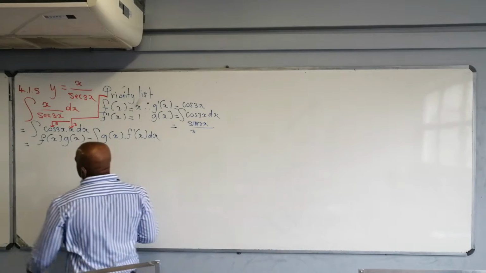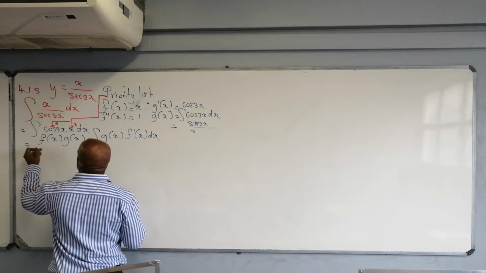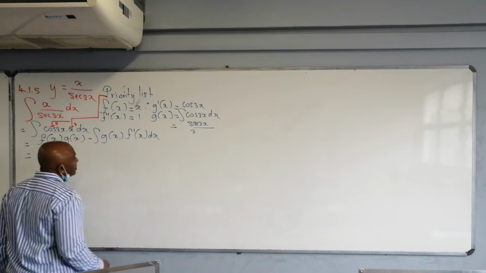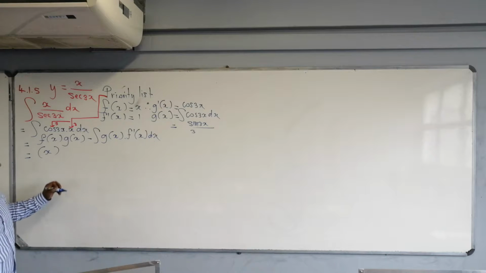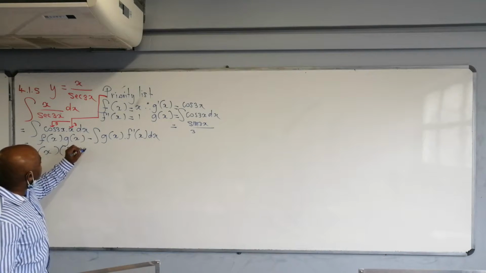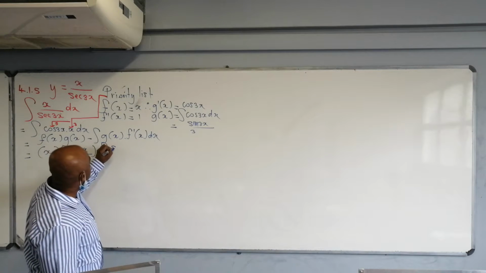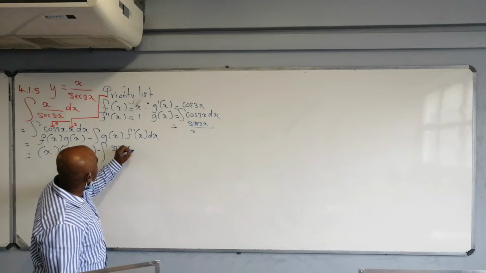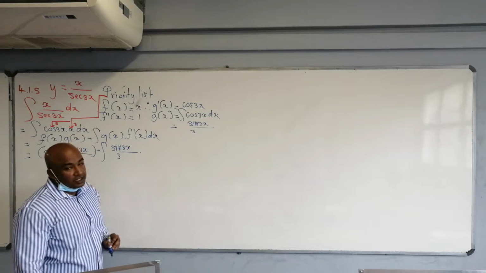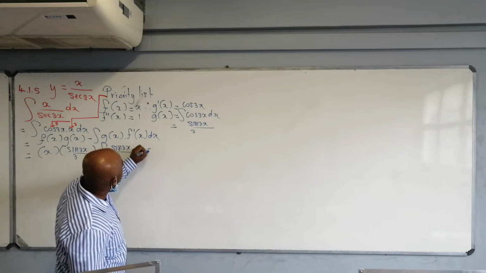Once you've got that sorted out, then you do the substitution. f of x is x, g of x is sine 3x all over 3, g of x the same thing, sine 3x over 3, times f prime x, which is 1.